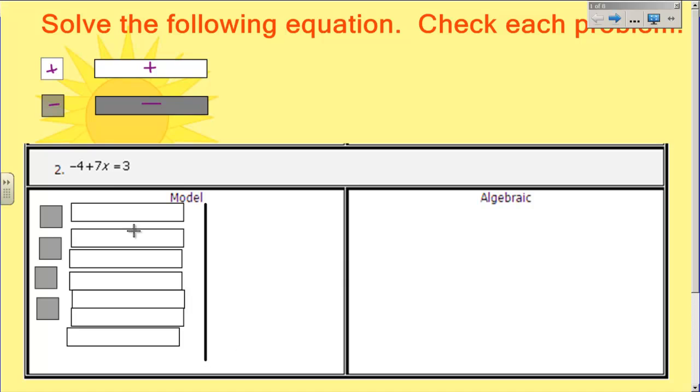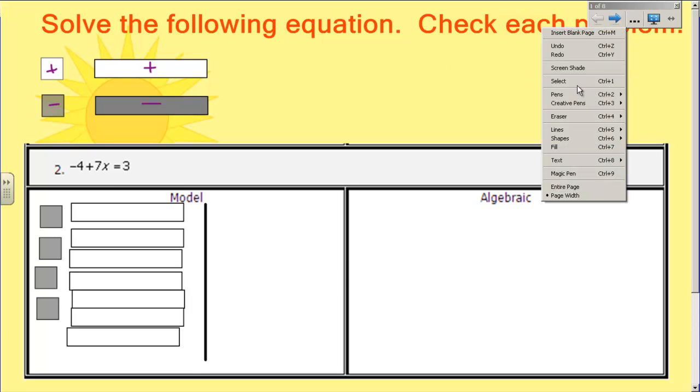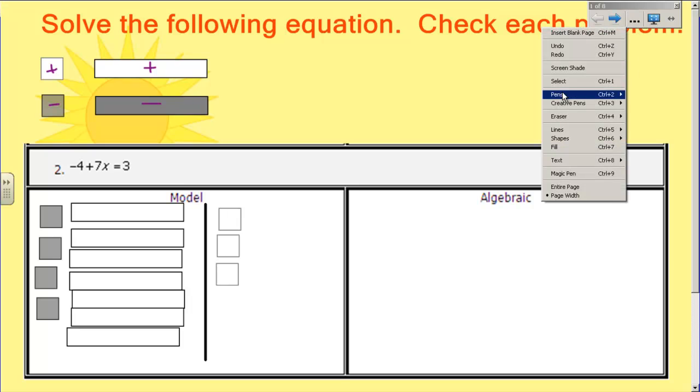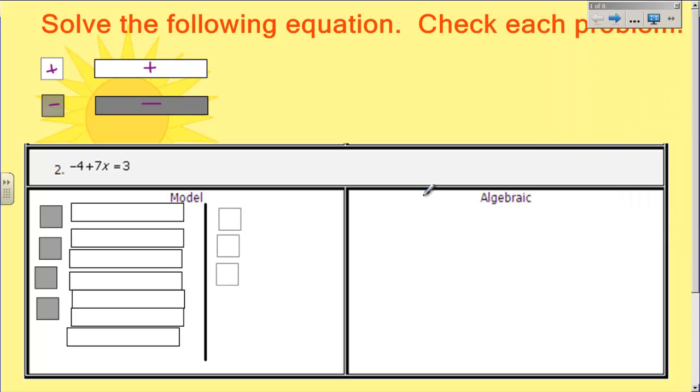Now the right-hand side of my equation, I'm going to model with a positive 3, so I'm going to put in 3 positives over here. So this is what this equation looks like modeled with algebra tiles. Just so you know, that's what it's going to look like. And my algebraic, over here, is just the equation, negative 4 plus 7x equals 3. That's the very first thing I did.